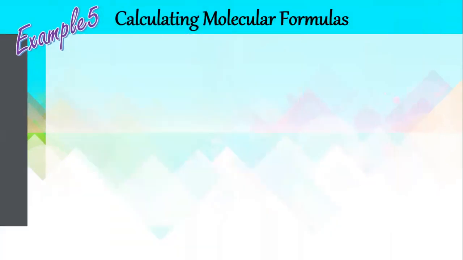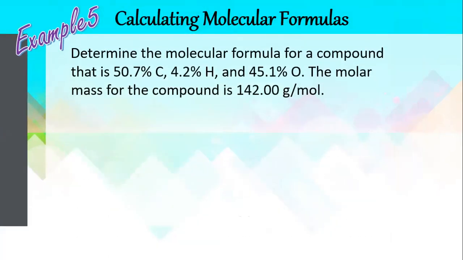Now let's have another problem. Determine the molecular formula for a compound that is 50.7% carbon, 4.2% hydrogen, and 45.1% oxygen. The molar mass for the compound is 142.00 grams per mole.